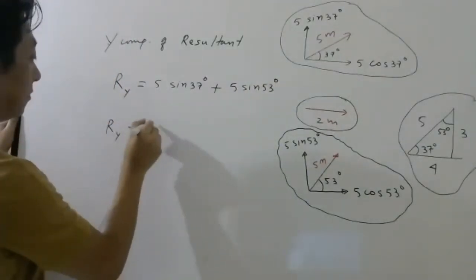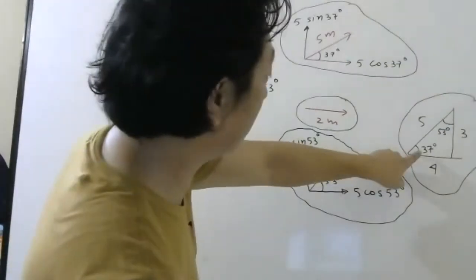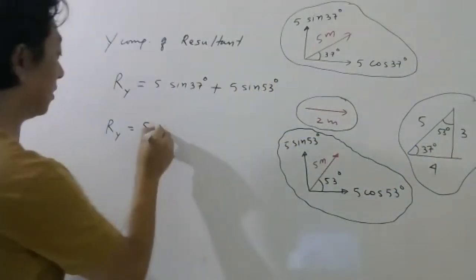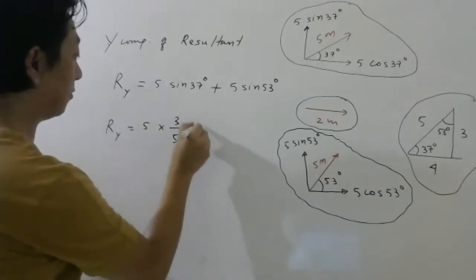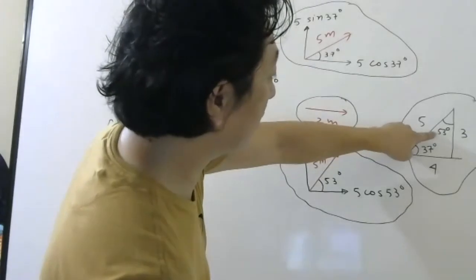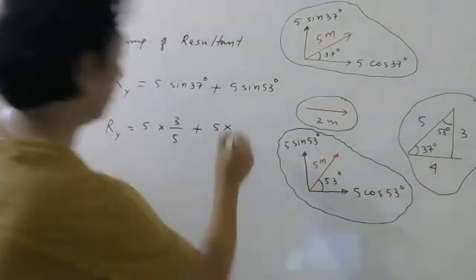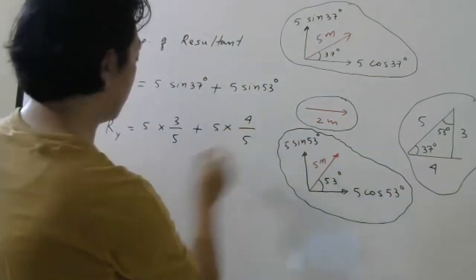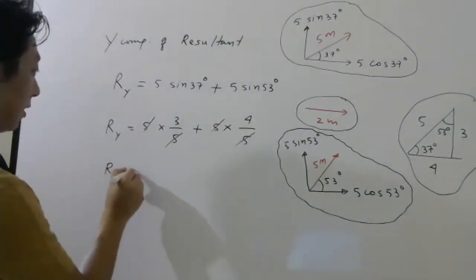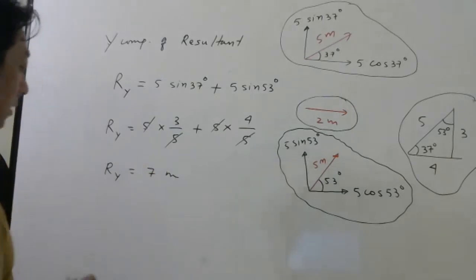So 5 sin 37 is how much? Sin 37, opposite is 3, hypotenuse is 5. So 3 by 5, plus 5 into sin 53. Sin 53, opposite is 4, opposite by hypotenuse. The 5s cancel. So Ry will be 7 meter.